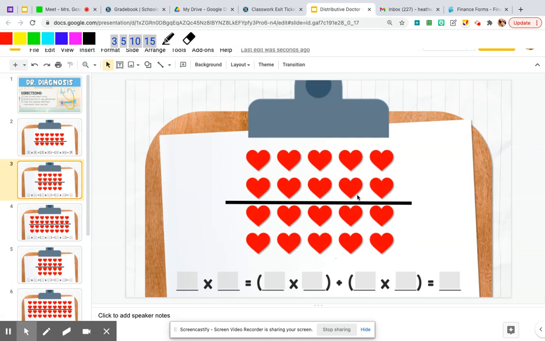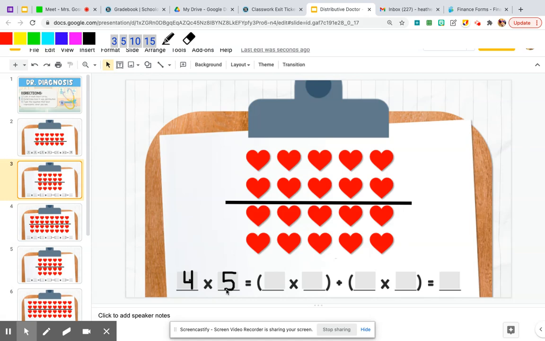Looking at the whole array, I had 4 rows of, well, how many are in each of these rows? 5. There are 5 in each of these rows. So that's the same as saying 4 times 5. 4 rows of 5, 5 in each.